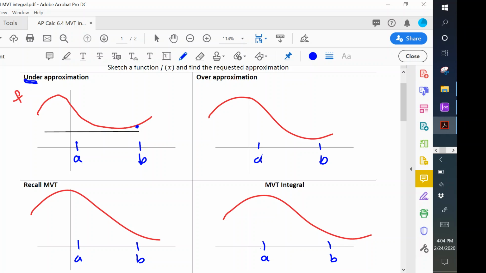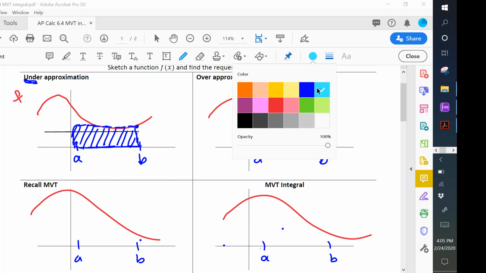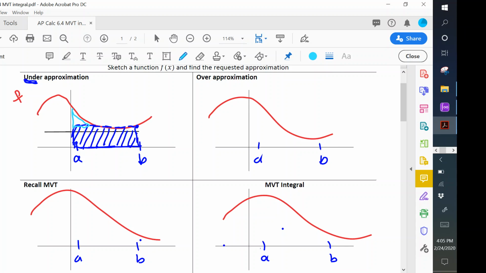So I would do it at my B value and draw a little rectangle like this, and this would be the area. As we can see, there is some area missing, like this part right here. This is why it's an under approximation.